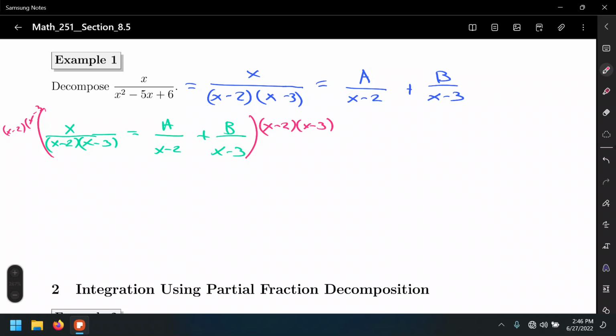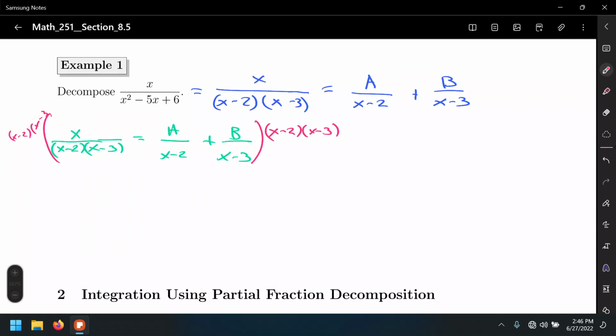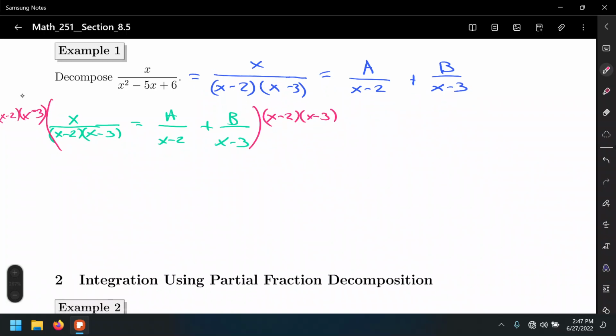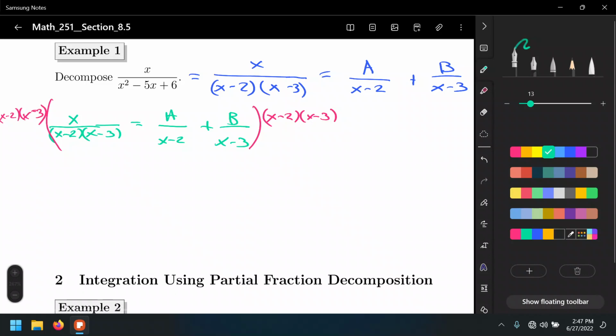Well, what's going to happen here? On the one hand, when we distribute, these two are going to cancel, leaving us with simply x on the left-hand side.